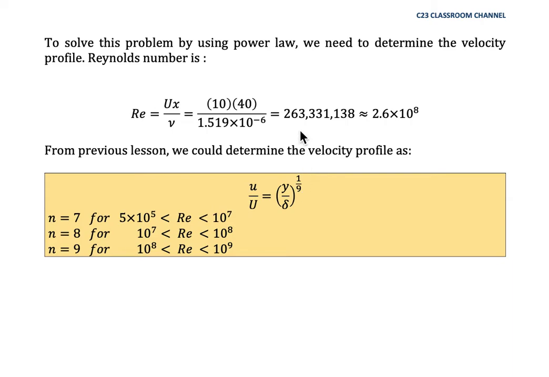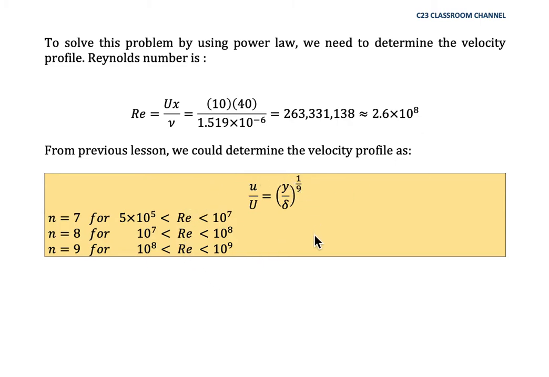So we need to determine the Reynolds number first, which is Ux over nu, where nu is the kinematic viscosity. Please look back into the table. We calculate it to be around 263 million, which can be simplified as 2.6 times 10 to the power of 8.